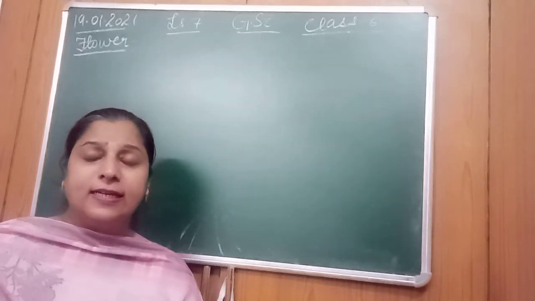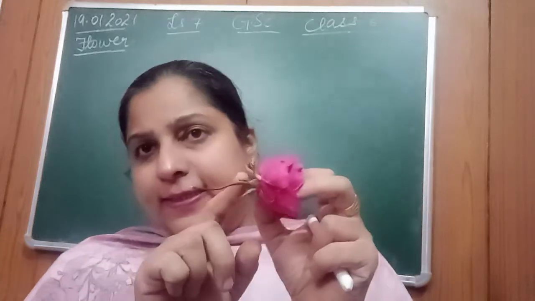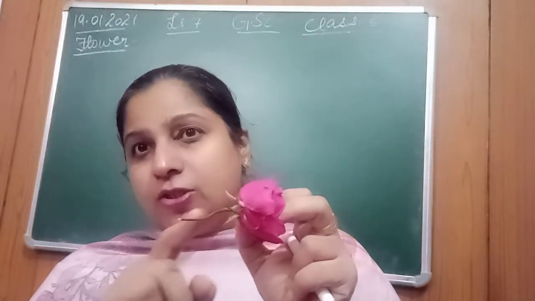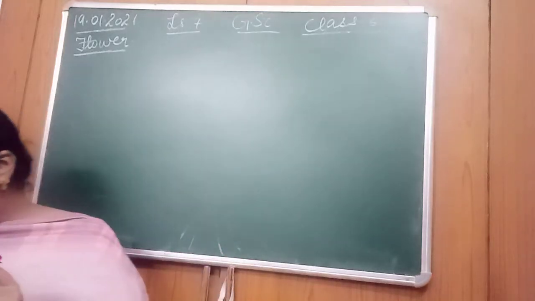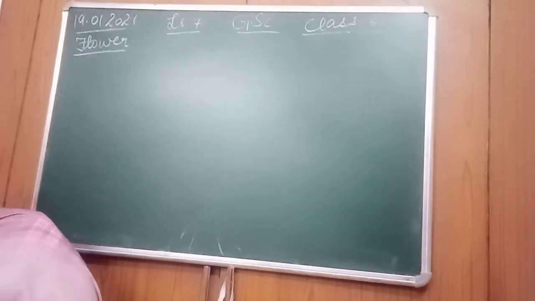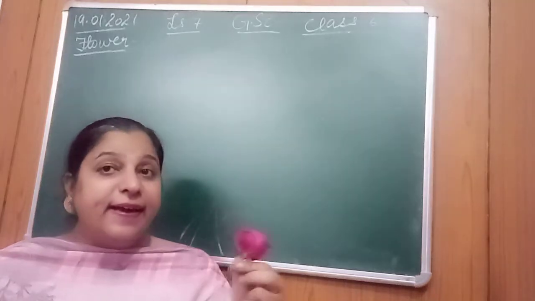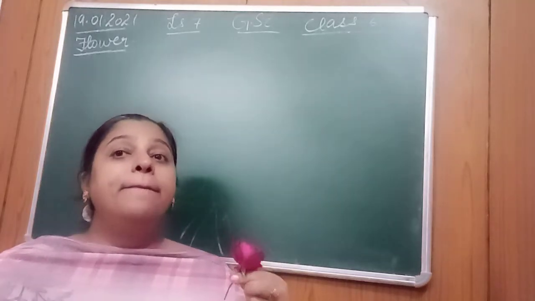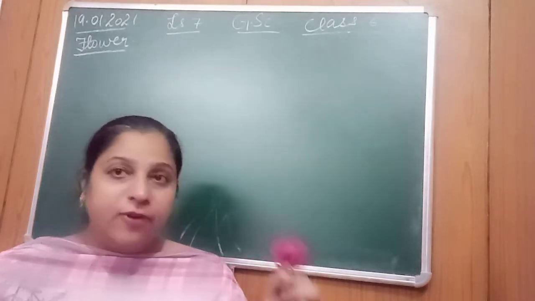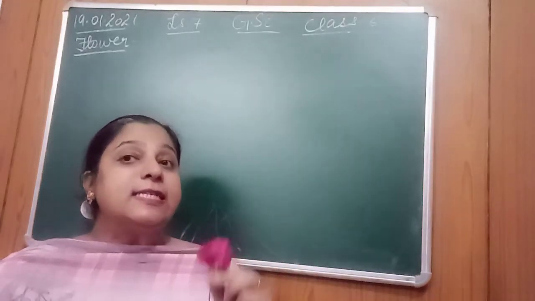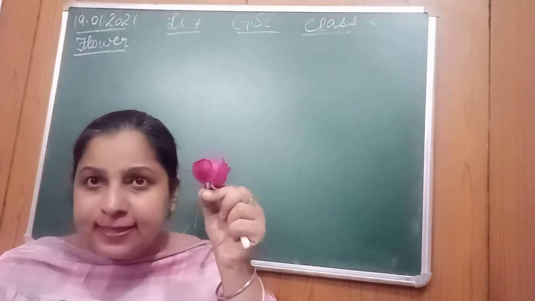Before drawing the diagram, let me show you through this stalk-like structure, right? As you had done in leaf also, the stalk-like structure in leaf we call it petiole. Here in this case we will call pedicel. What is it called? Pedicel. Flower is attached to the stem or branch through this pedicel, right?